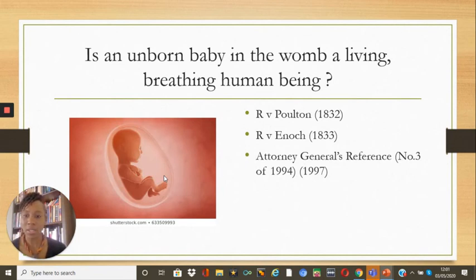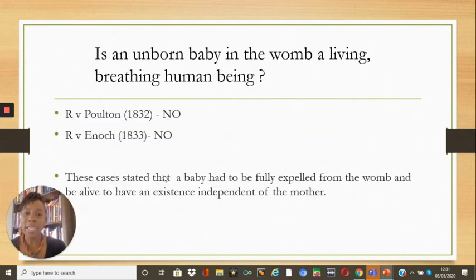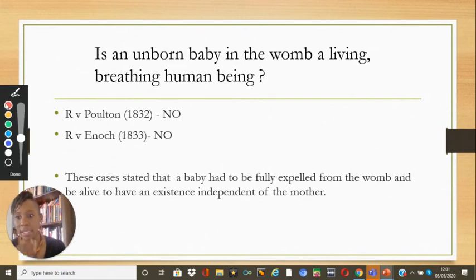In R v Poulton and R v Enoch, they said that a baby is not a living, breathing human being until it is fully expelled from the womb, allowing it therefore to have an existence independent of the mother.